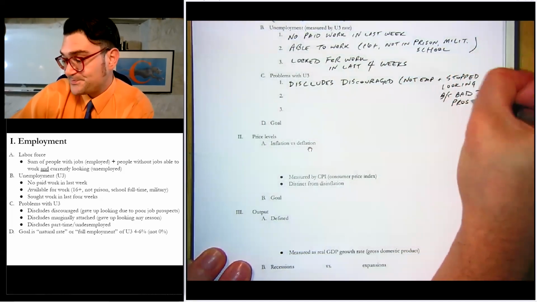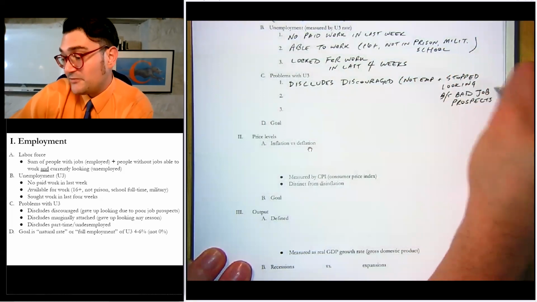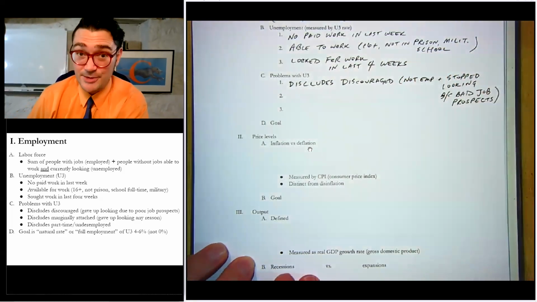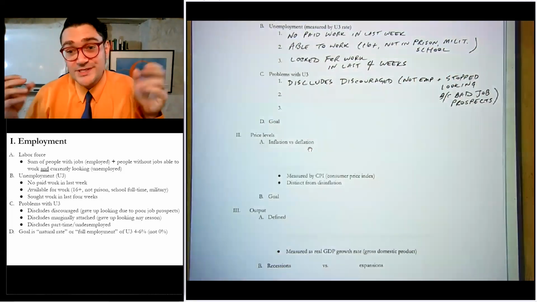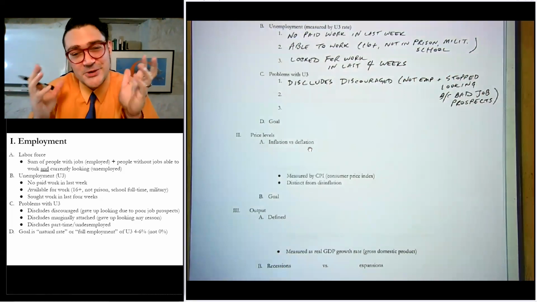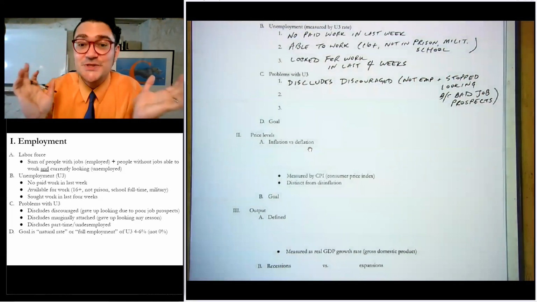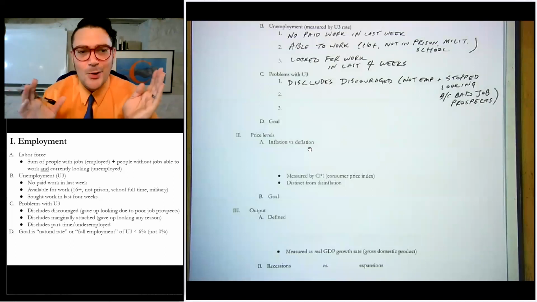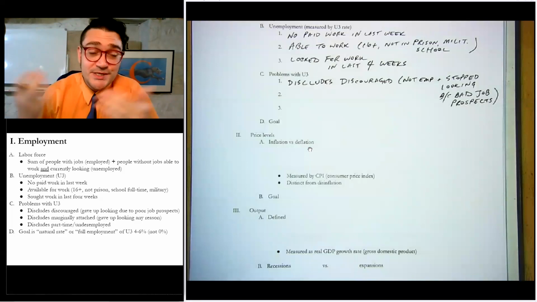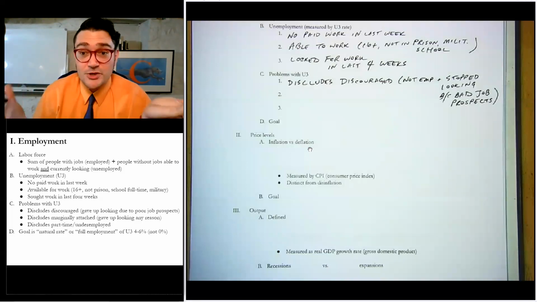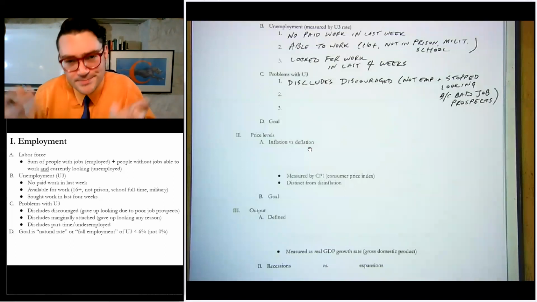because of bad job prospects. So in other words, if you were not looking for a job right now in the pandemic because there aren't any jobs available, you're not technically unemployed, you're discouraged. And so there is another calculation that includes these people, but you can see how we might undercount the number of actually unemployed people, because if you gave up looking and you haven't looked in the last 4 weeks, then you're not unemployed.